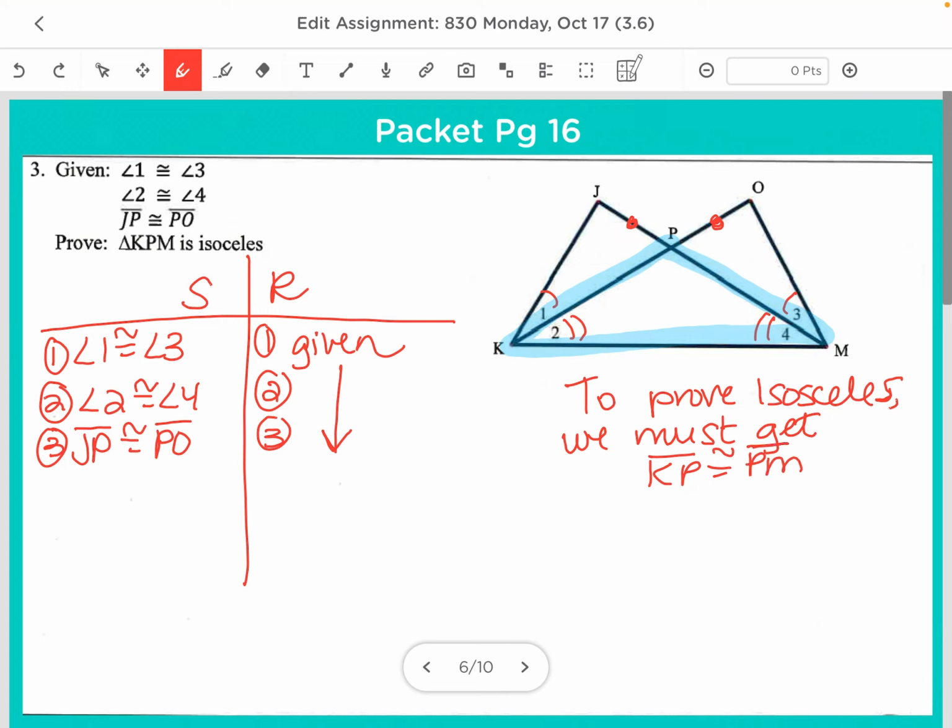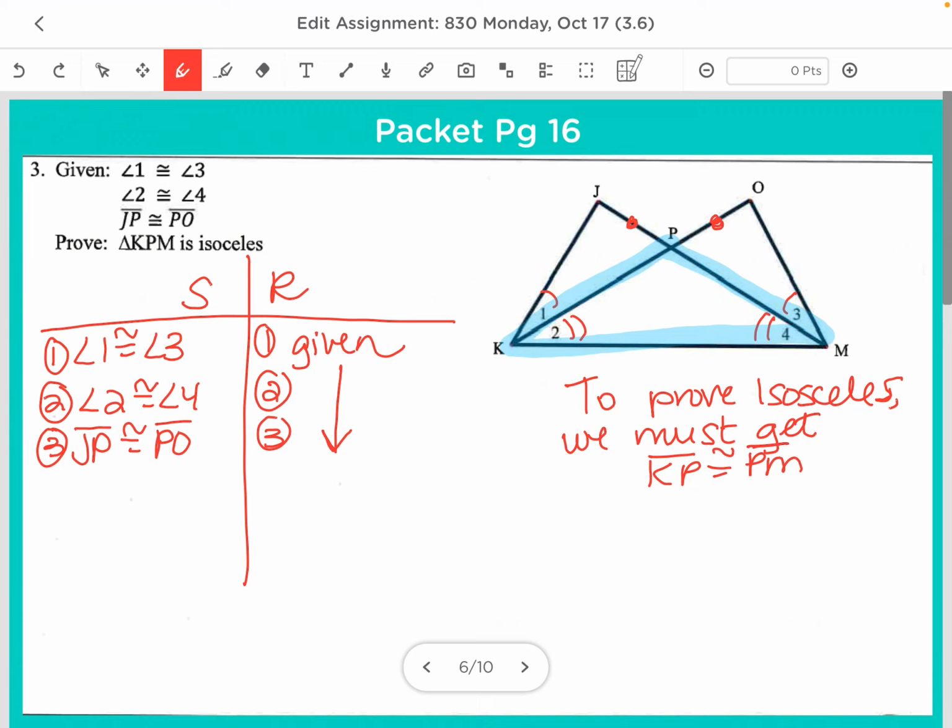So hopefully we can get that done by proving a set of triangles congruent. Now we did work through last week trying to identify which triangles we would actually need to be congruent in order to solve a proof like this.